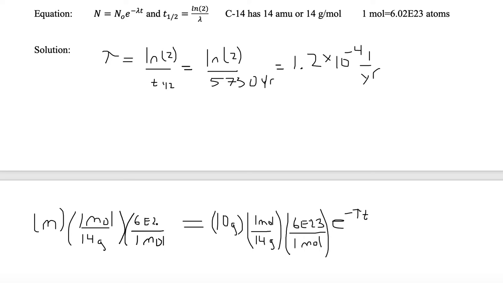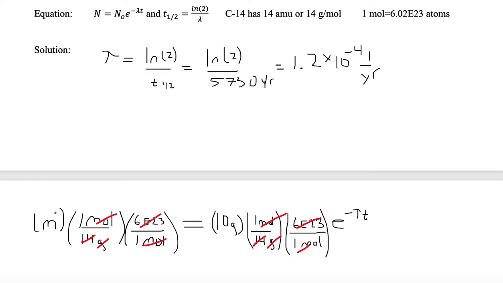Now let's divide out letters and numbers to make things simpler. Grams goes out with grams, moles goes out with moles, and we're left with atoms over here. Notice we have 14 on the left-hand side, 14 on the right-hand side, and we can eliminate this gram, and 6 times 10 to the 23rd and 6 times 10 to the 23rd.